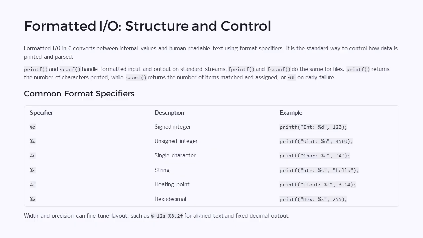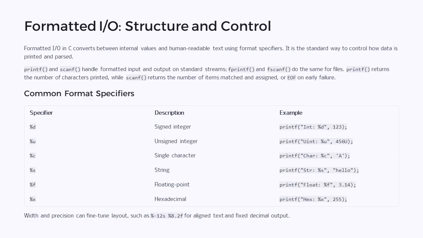Next, formatted I/O structure and control. So let's look deep into how formatted I/O works. Formatted I/O in C converts between internal values and human readable text using format specifiers. It is the standard way to control how data is printed and parsed.